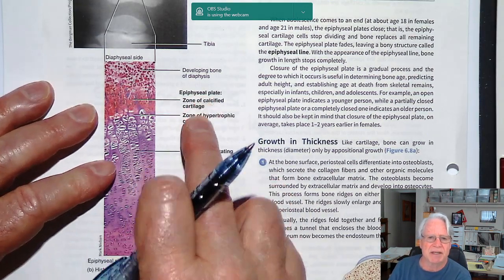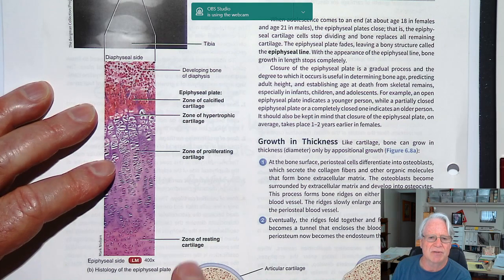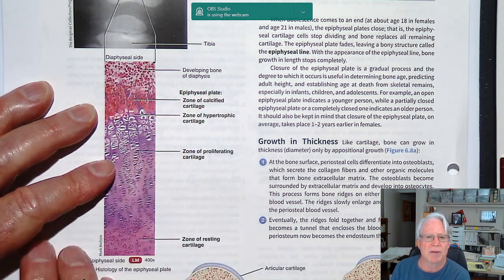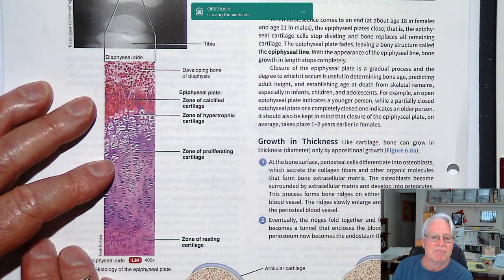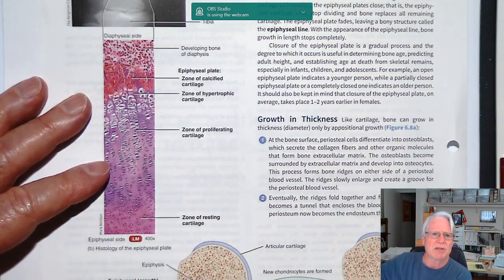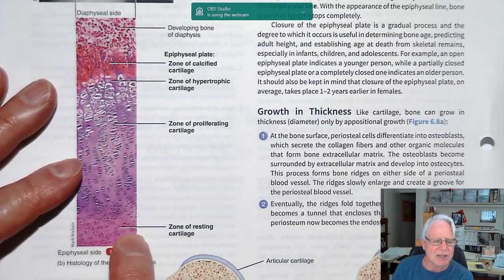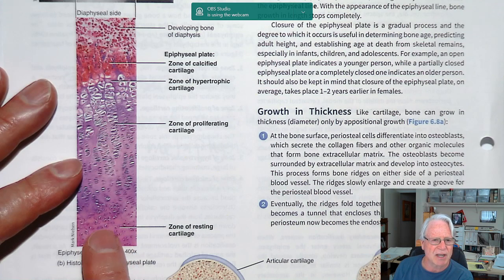So all of these zones that we've just identified, 1, 2, 3, 4, is the part of the epiphyseal plate. Now, if you look at the image, and we'll slide in just a little bit more, you can see that this area looks like normal cartilage. And in fact, that's exactly what it is, just normal cartilage.